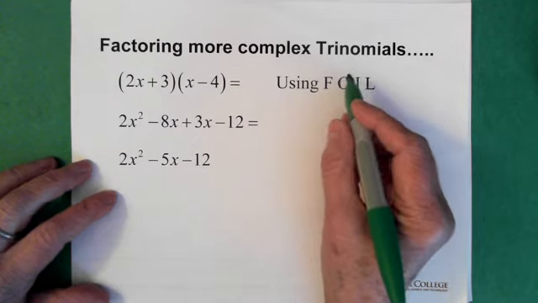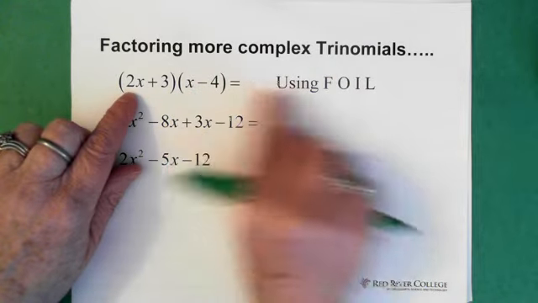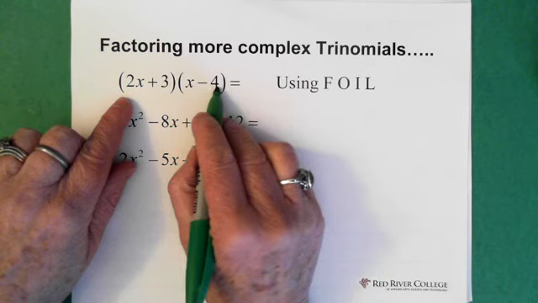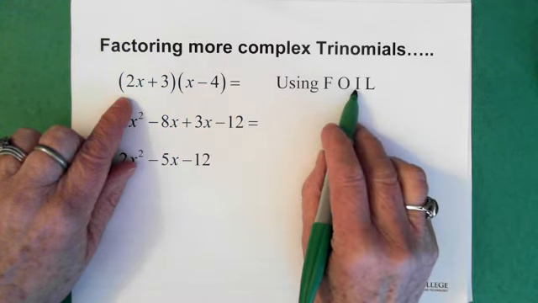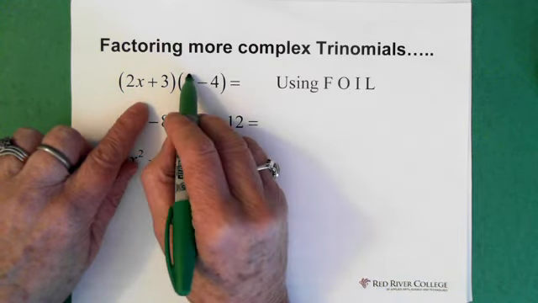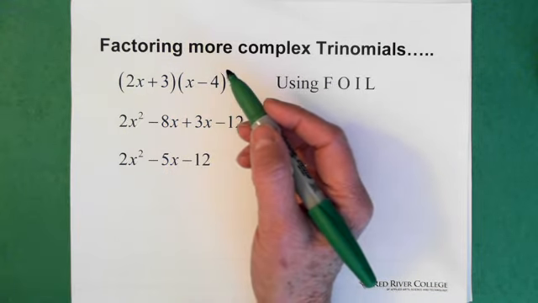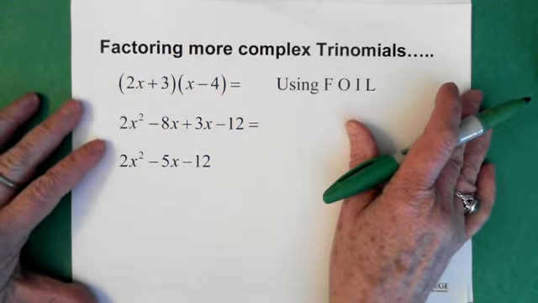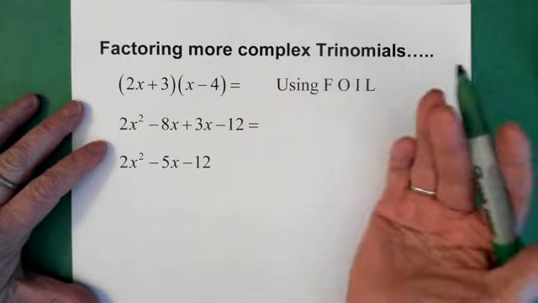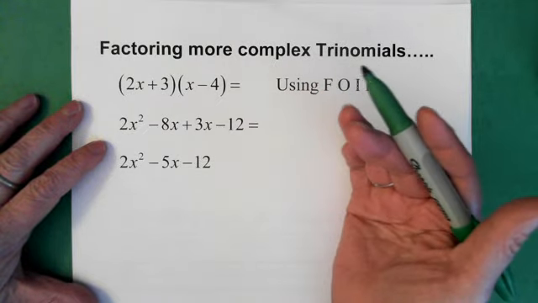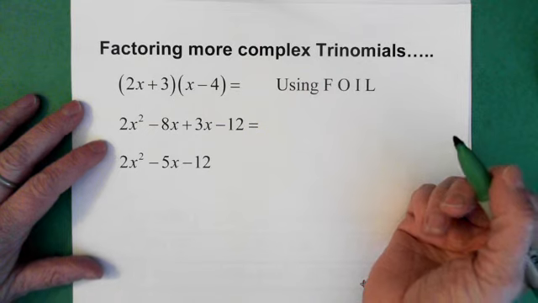So the first two, and then the outer multiplied by the inner, which is here, and then the last. Now the reason this is important is it helps us to figure out how we solve more complex trinomials.